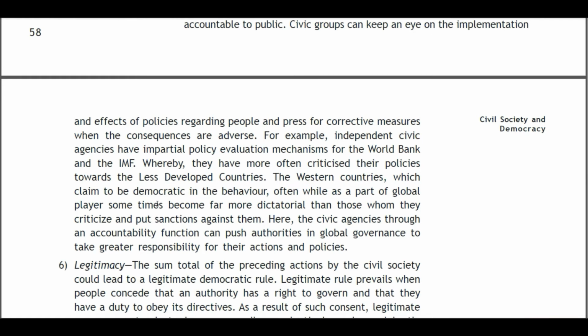The Western countries, which claim to be democratic in behavior, often while acting as part of global players, sometimes become far more dictatorial than those whom they criticize and put sanctions against. Here, the civic agencies, through an accountability function, can push authorities in governance to take greater responsibility for their actions and policies.